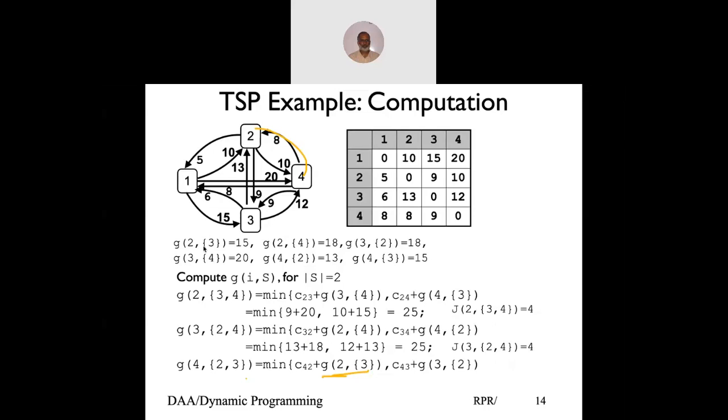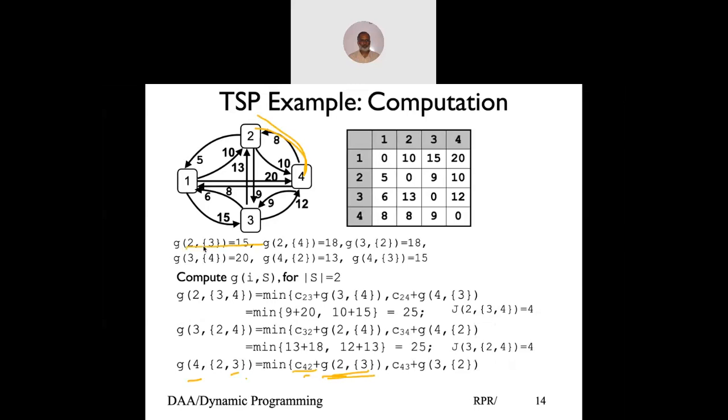Or from vertex 4, I can go to 3, and the only vertex left is 2. So from vertex 4 I go to 2, which cost is 8, and then my choice is 3. G(2, {3}) is given as 15.